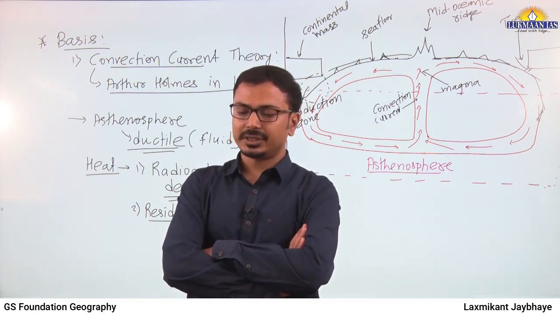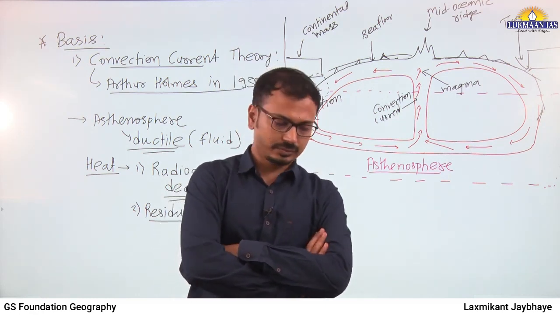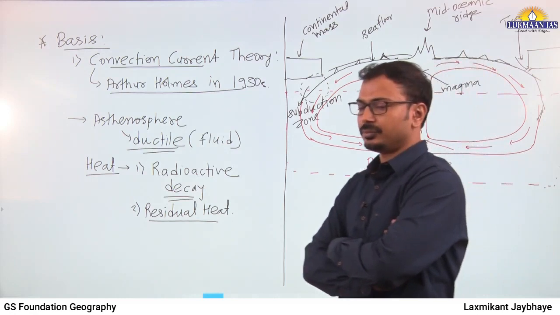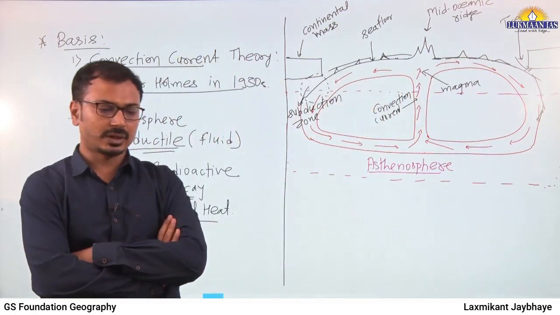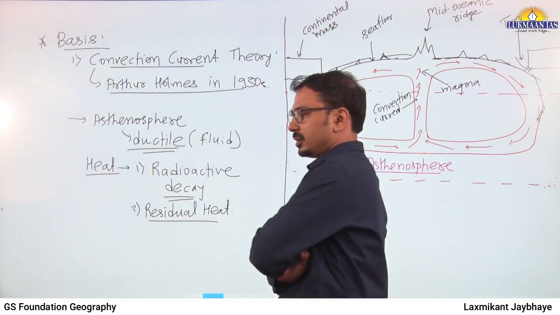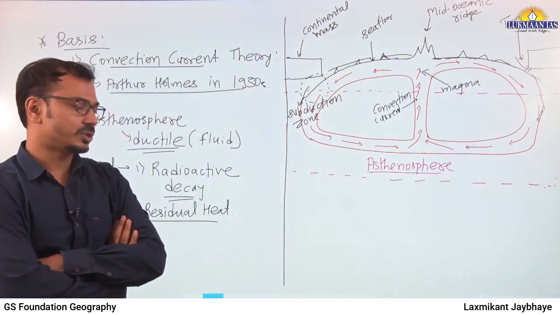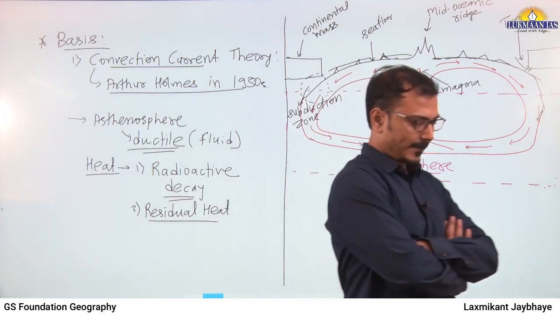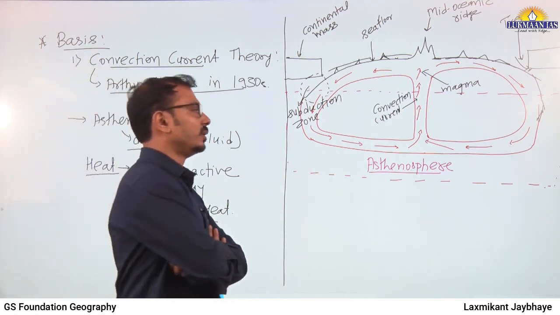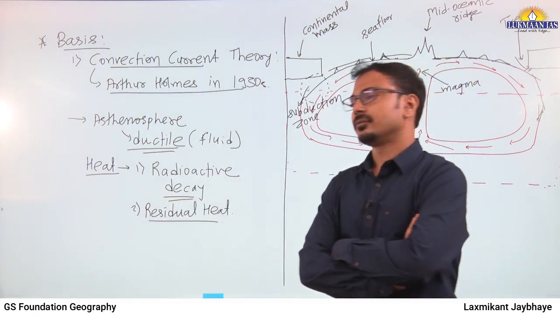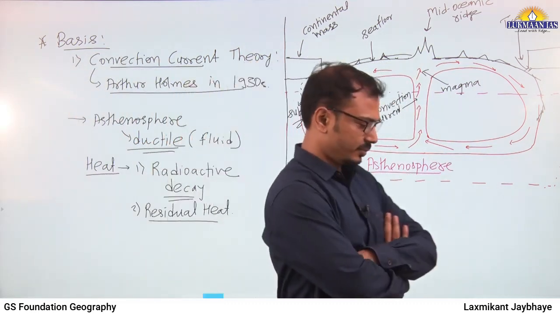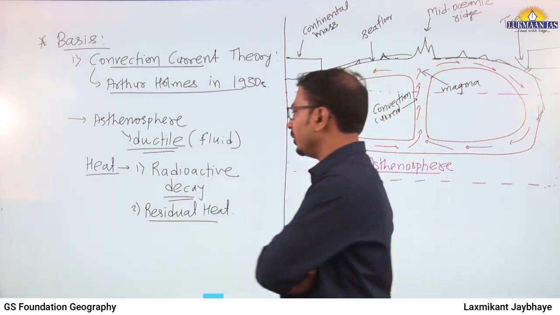These currents are generated due to the thermal differences in the mantle portion caused by radioactive decay.